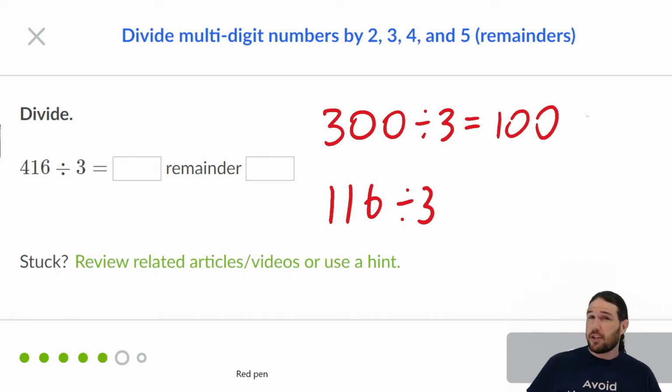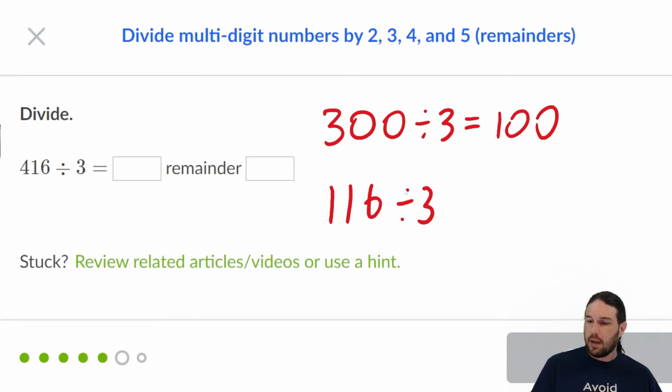How do I know that that's not evenly divisible by 3? You'd have to go back to my video on divisibility for that, but if you add up the digits, 1 plus 1 plus 6, you get 8, which is not divisible by 3, so 116 is not evenly divisible by 3. But what is? I think I'm going to break this up even further.